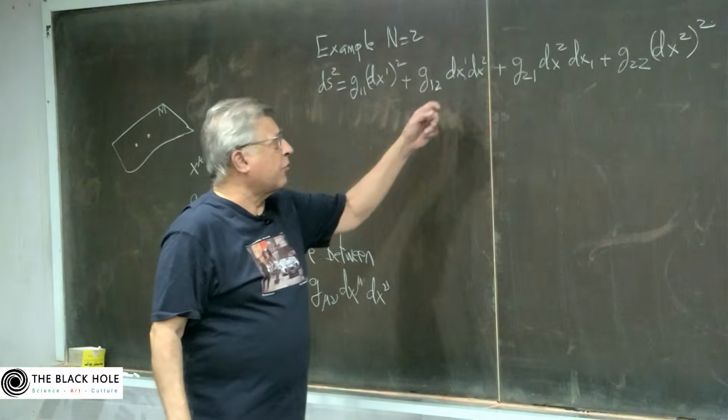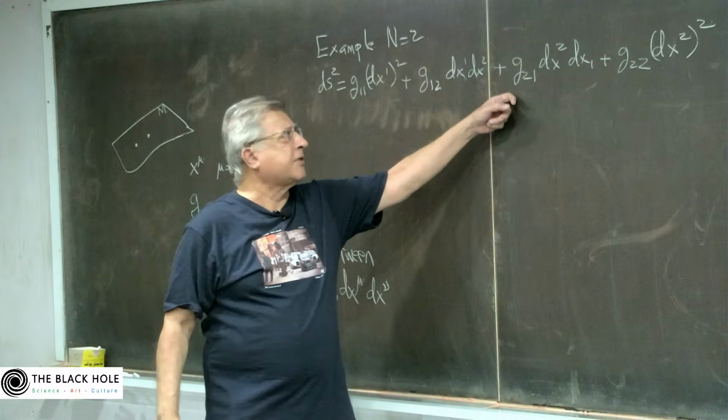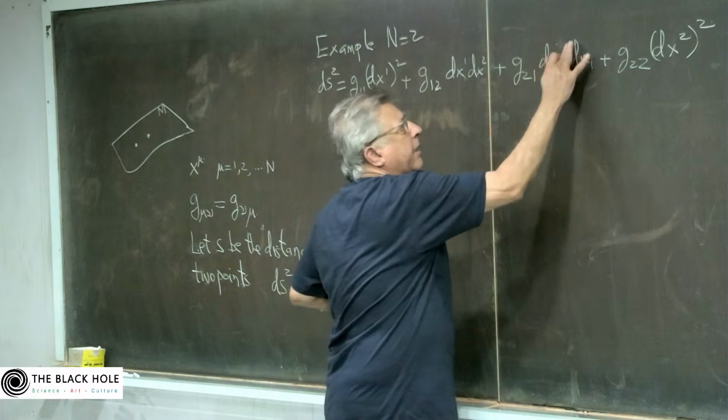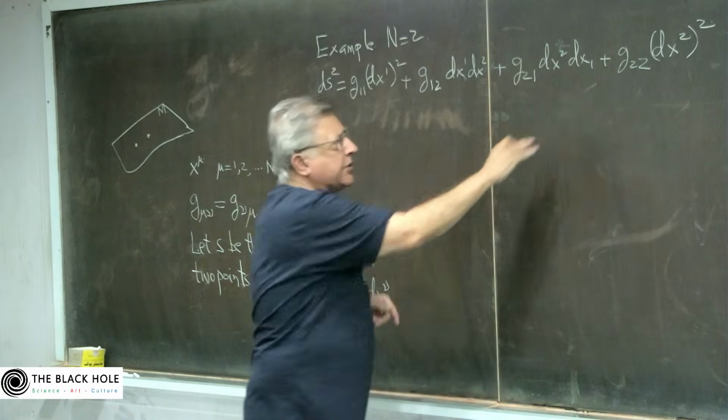Now, of course, because g12 and g21 are the same and dx1 dx2 is the same as dx2 dx1, these terms double up.